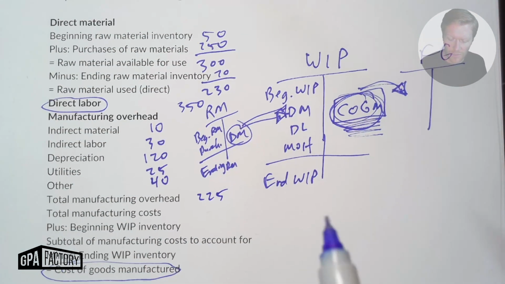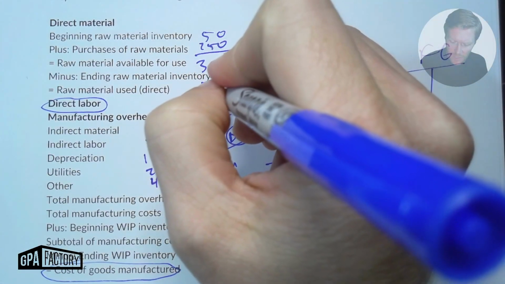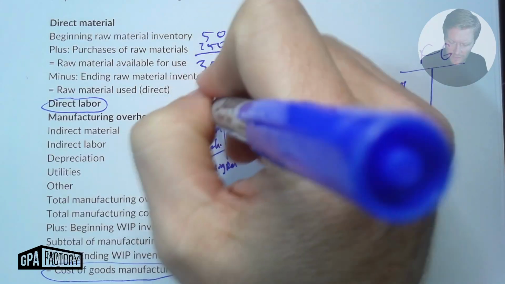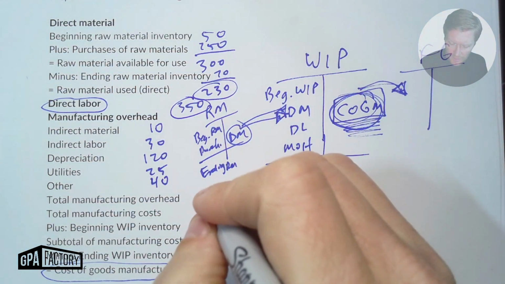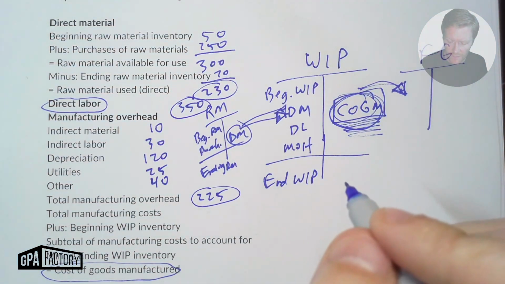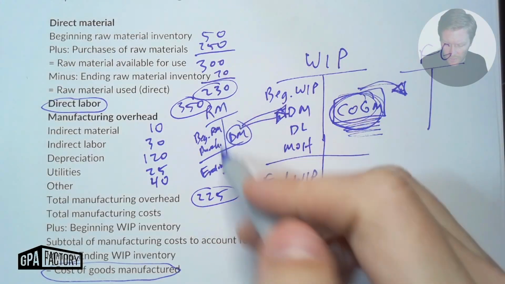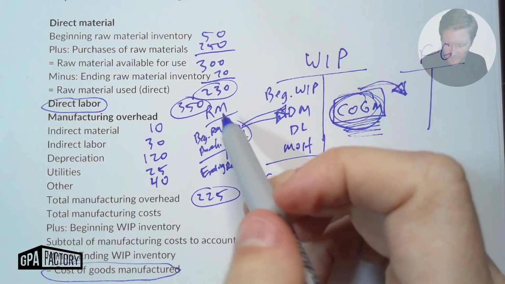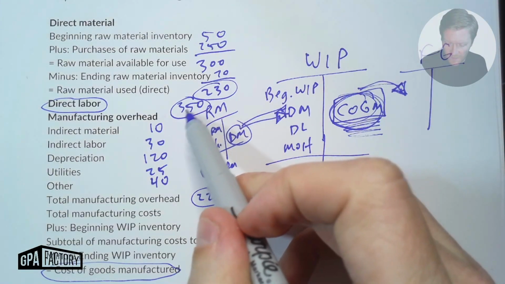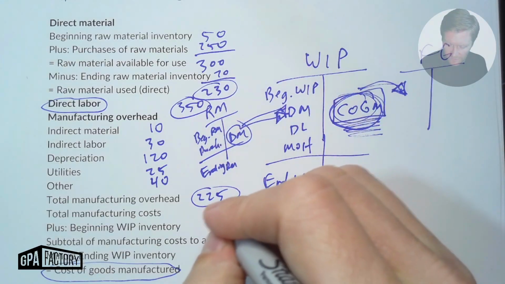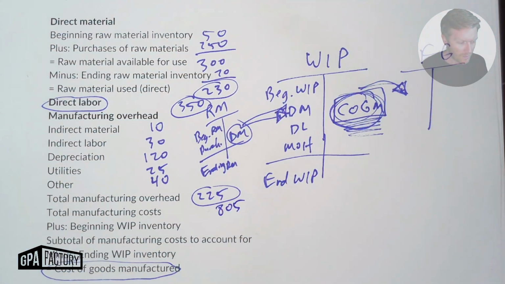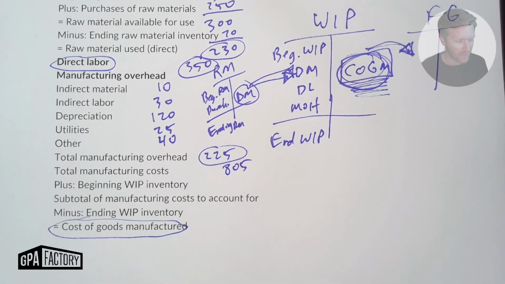And that tells us total manufacturing costs should be direct materials, direct labor, and total manufacturing overhead. So 230, that's 455, 755 plus 50, 805. Okay, we'd have 805 as our total manufacturing costs.